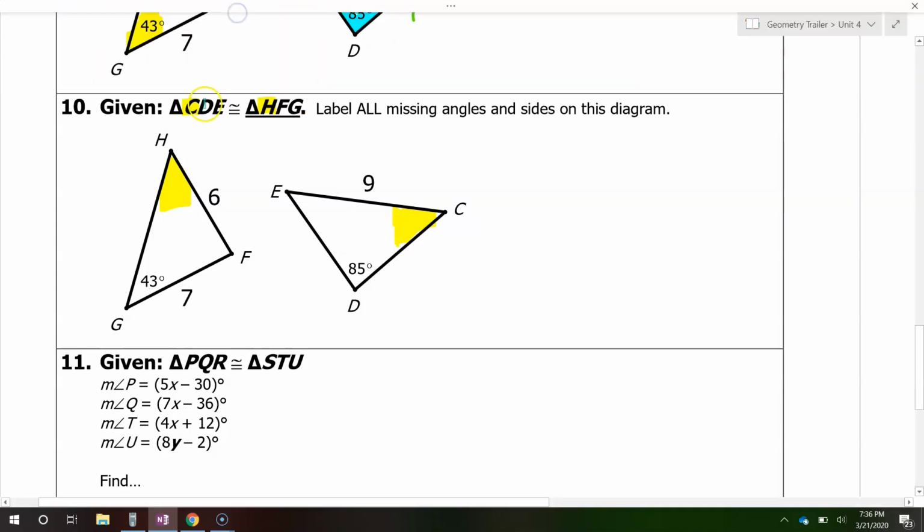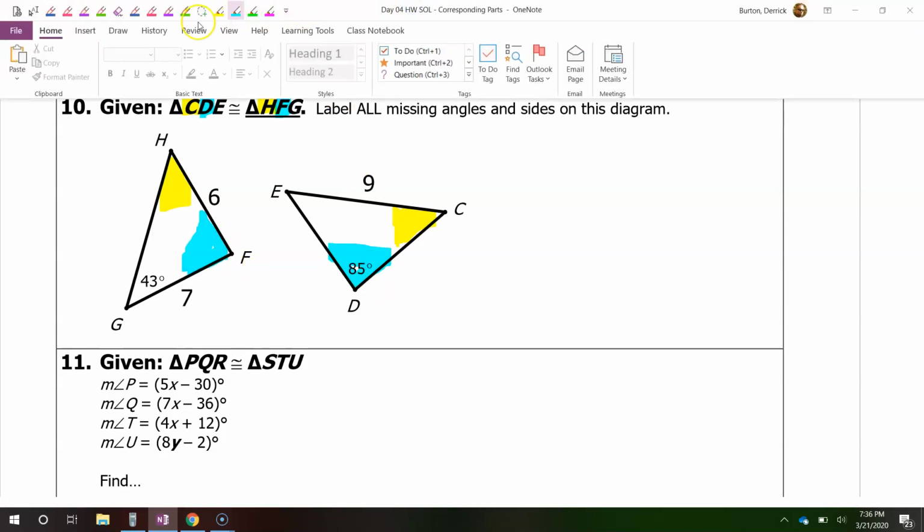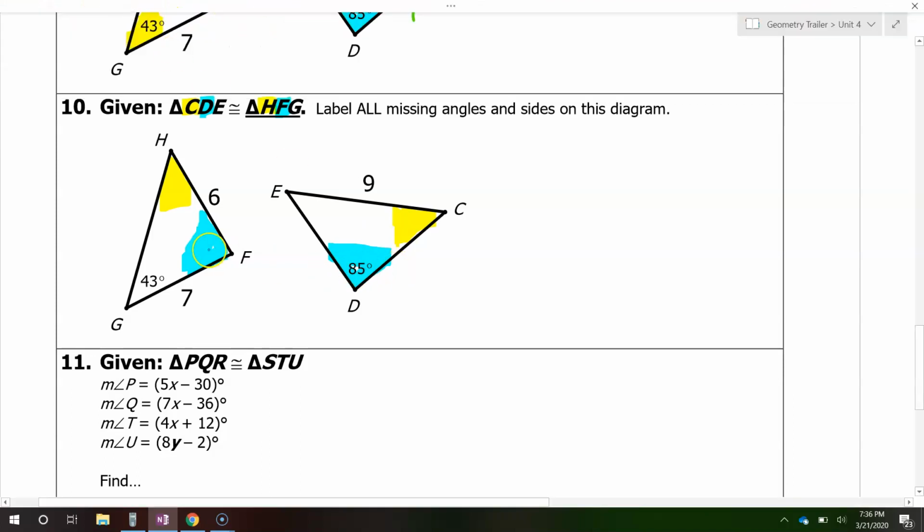Angle D corresponds with angle F. Here's angle D and here is angle F. Those are congruent, so they have to be the same. If this is 85, then this is also 85.